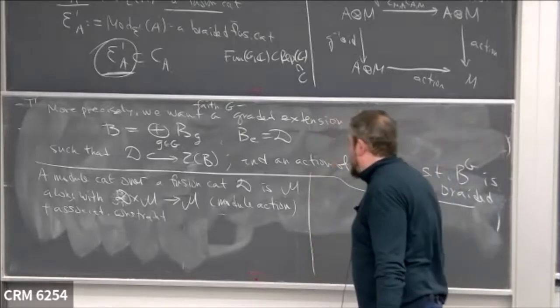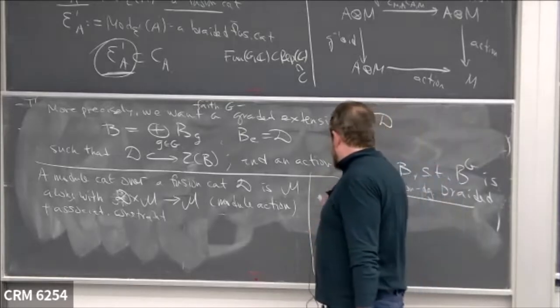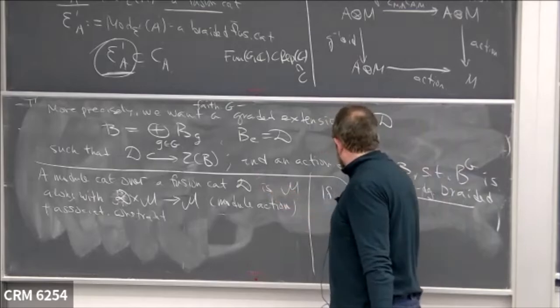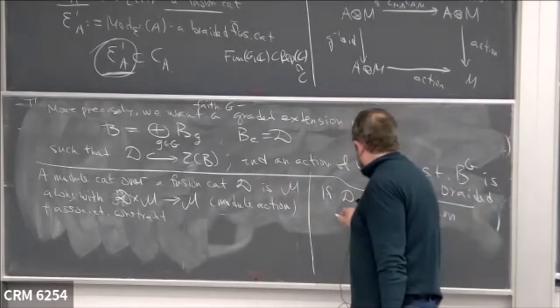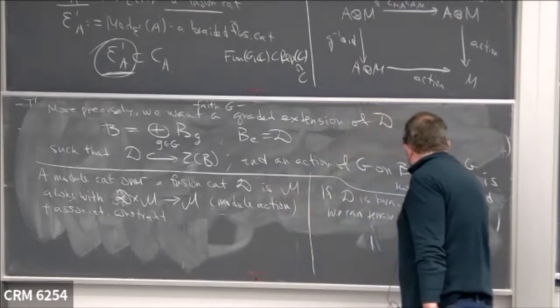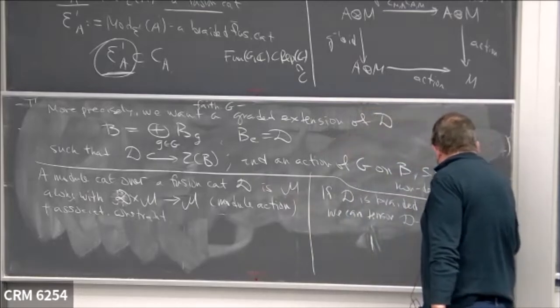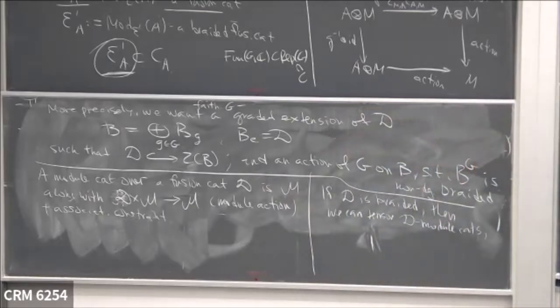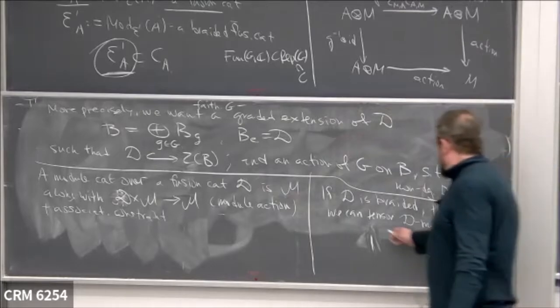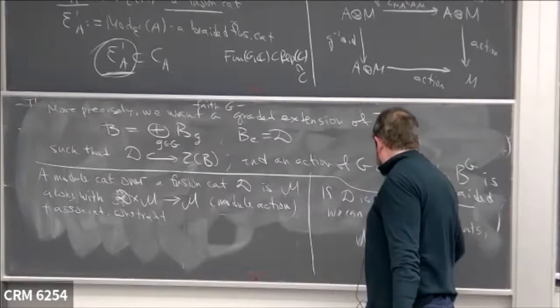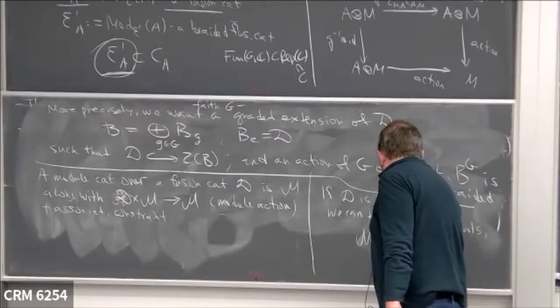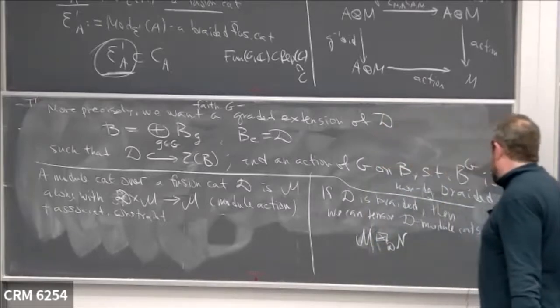Now, if this D is braided, then we can tensor the module categories, similarly to how we can tensor modules over a commutative algebra. So there is this operation, which would require, of course, its definition, but I hope it's intuitively clear what it should be.